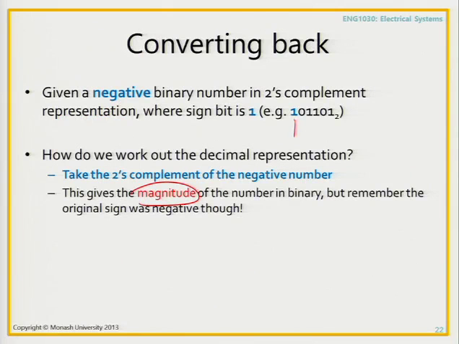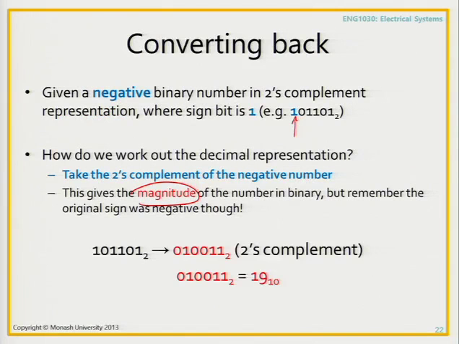There's a 1 in front, so we do know that it is a negative number, but we don't know exactly the magnitude, so you take the 2's complement, and the 2's complement gives you that this number is 19, so the original number represented was negative 19.